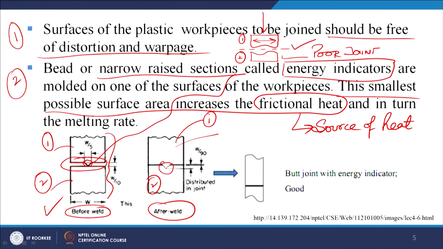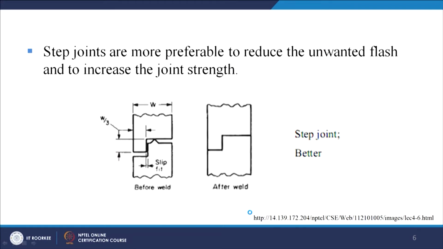So this is the initial stage, this is the second stage after the weld, and this is the final butt joint with energy indicator. A good joint, here we can see the joint which has been formed. This is our part number 1 and part number 2 that we have joined using the ultrasonic welding technique.